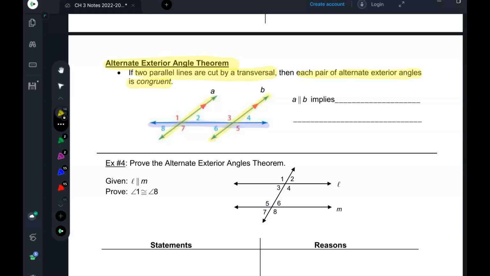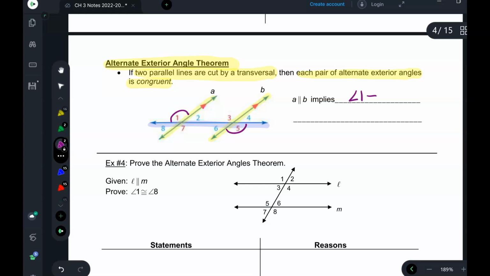So A parallel to B implies, so what are our alternate exterior angles? So angle 1 and angle 5, that's one pair of alternate exterior angles. Remember, alternate means opposite sides of the transversal, and they have to both be exterior. And then our other pair, we have 8 and 4.